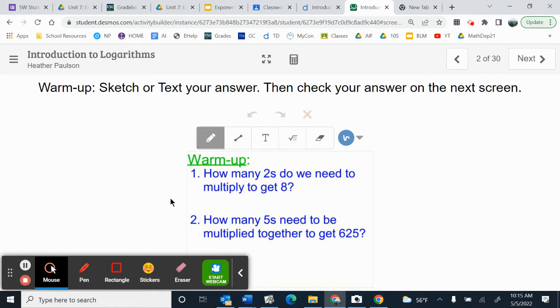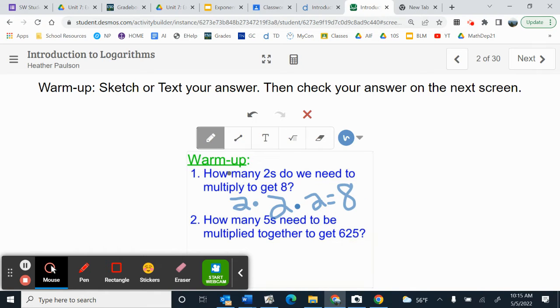Then think about how many 2's do we need to multiply to get 8? How many 5's do we need to multiply to get 625? If we start multiplying our 2's, we can see that 2 times 2 is 4, times 2 is 8.